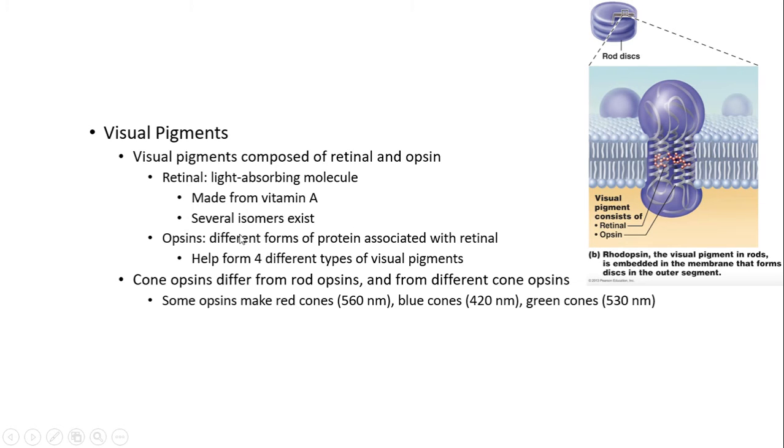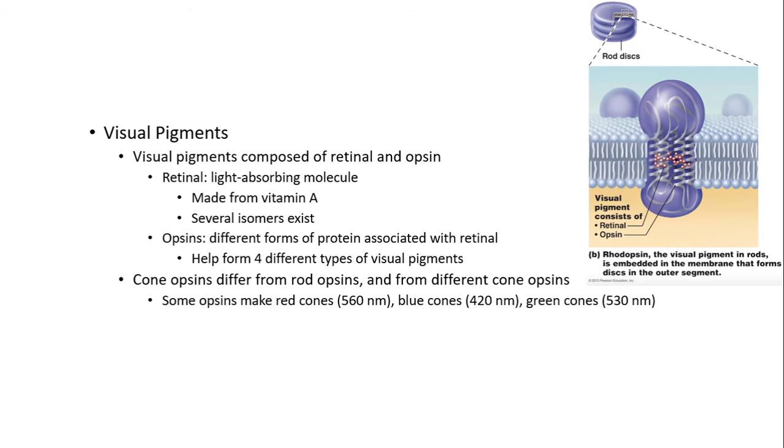Okay, so the opsins, you have different forms of protein associated with the retinol. So you don't just have one type of opsin, okay? There's actually 4 different types of opsins when you're looking at each different visual pigment. Let's say, for example, the red one, the blue, and the green for the cones, okay?